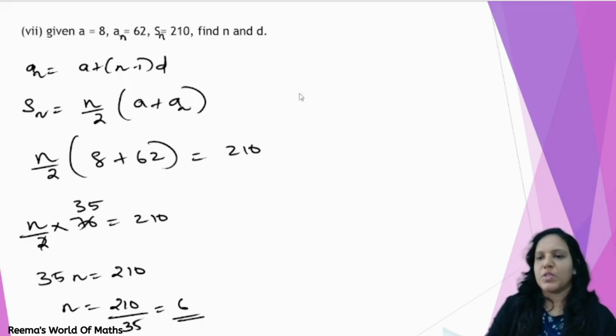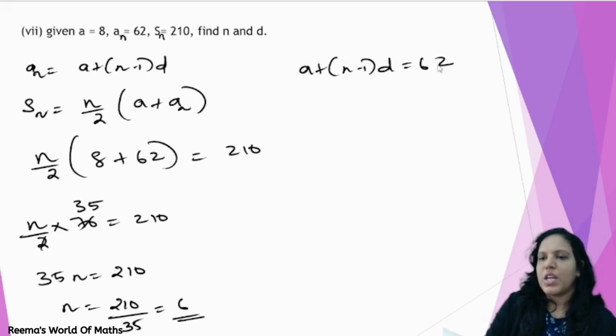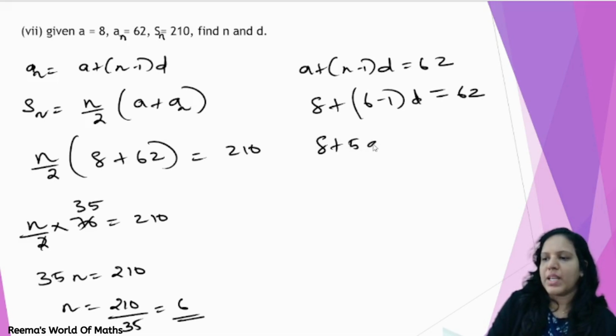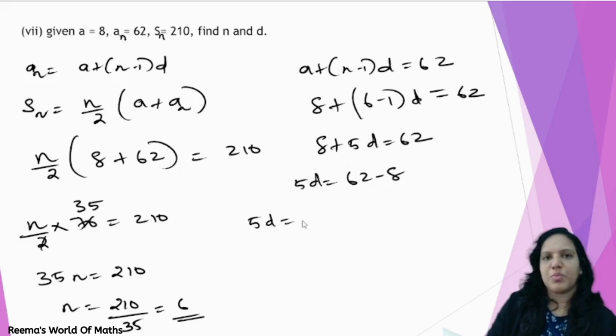Now let's find the common difference. For the nth term, we know an equals 62. So a plus n minus 1 into d equals 62, where a equals 8 and n equals 6. 6 minus 1 into d, we don't know d and need to find it, equals 62, which is 8 plus 5d equals 62. 5d equals 62 minus 8, which is 54. d equals 54 divided by 5, which is 10.8.